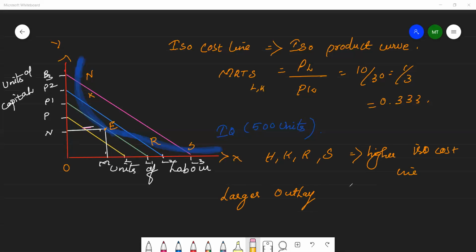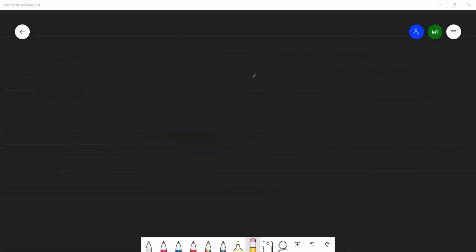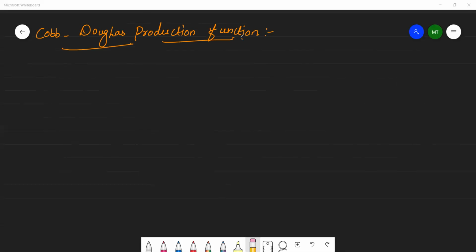Okay, next one is the Cobb-Douglas production function. Let us see what it is.